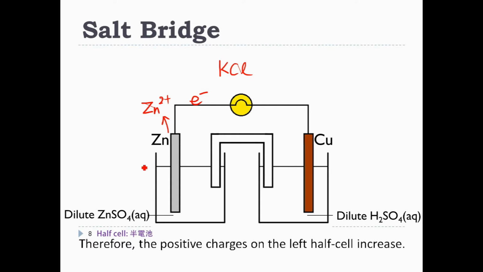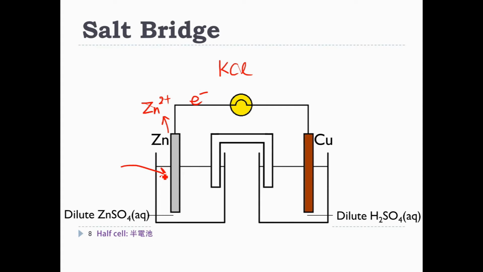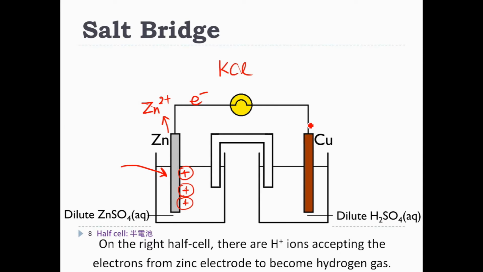Therefore, the positive charges on the left half cell increase. On the right half cell, there are H+ ions accepting the electrons from zinc electrode to become hydrogen gas.